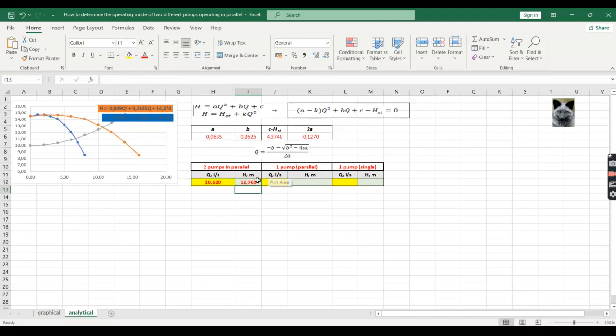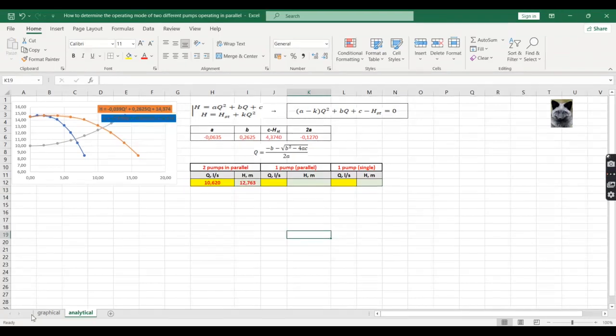So here it is, the value of the head. We can make a simple check by using the graph, and you can see that once again it can be used as validation of the result obtained.